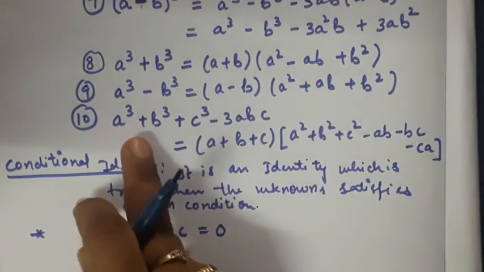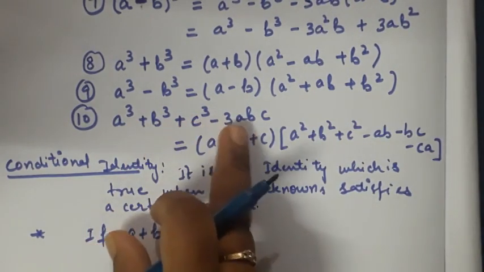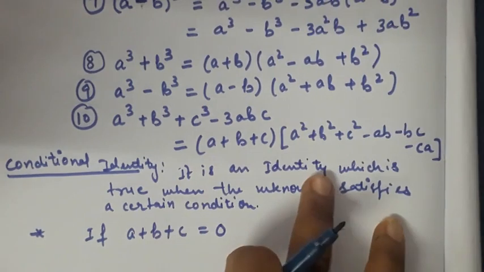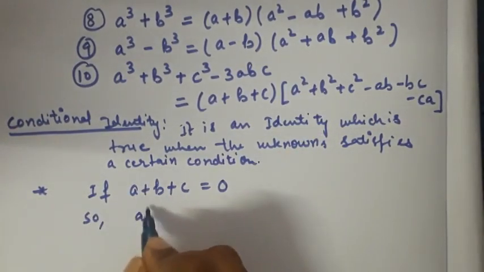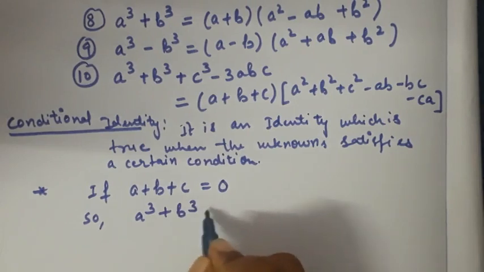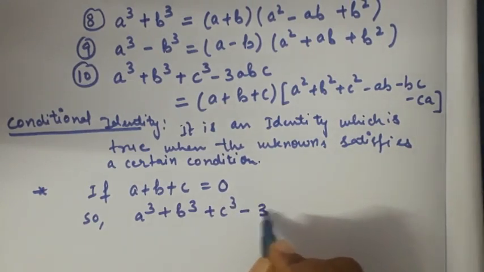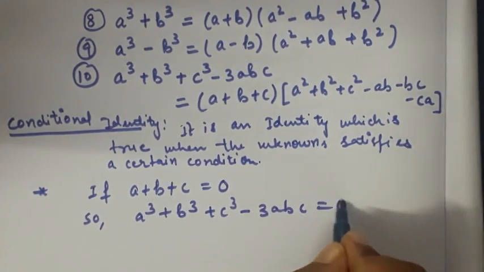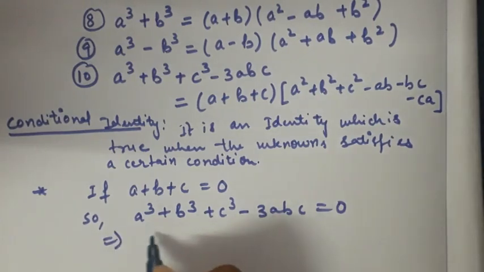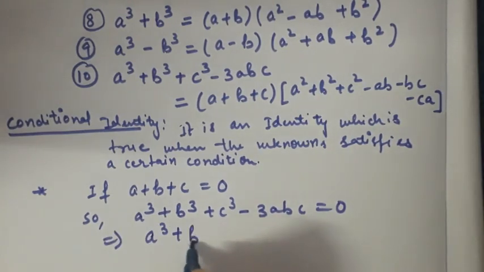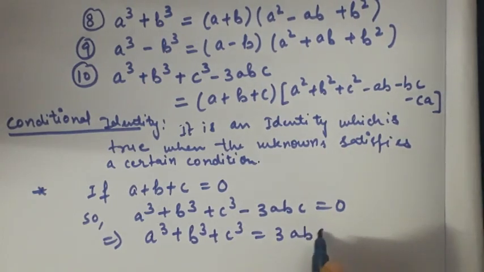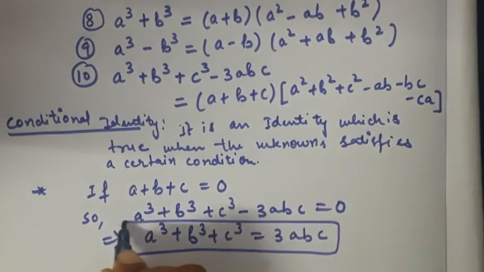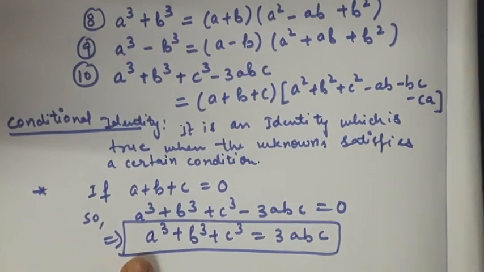So a cube plus b cube plus c cube minus 3abc will be equal to 0. So from here we can conclude that a cube plus b cube plus c cube is equal to 3abc. So this is another identity which is based on a condition.